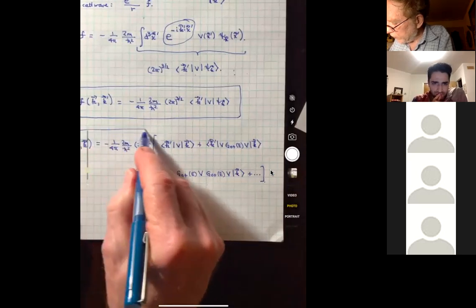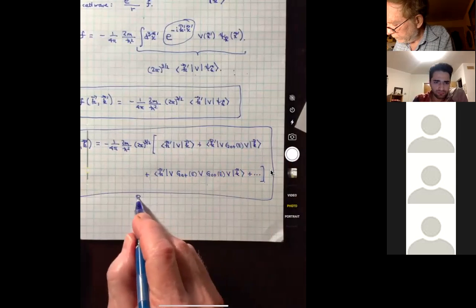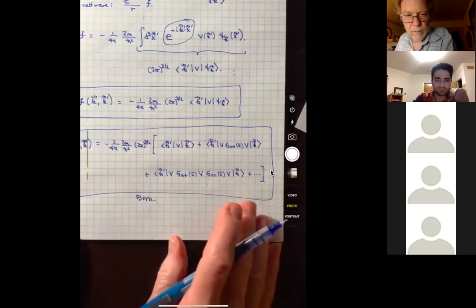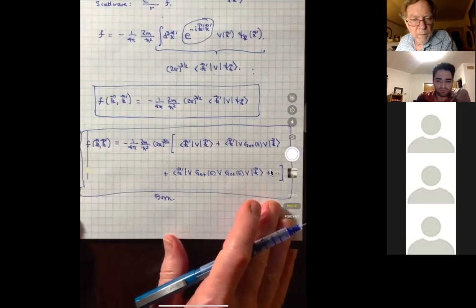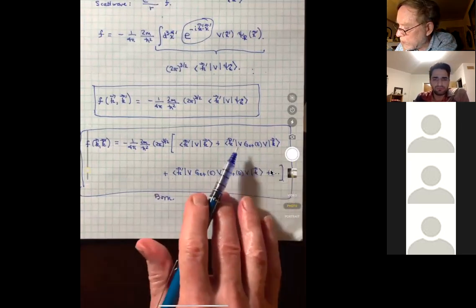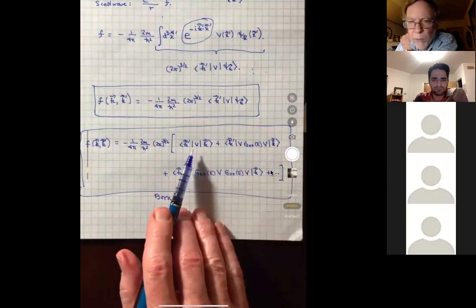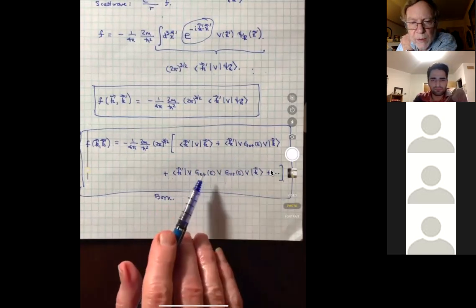And what we have here is the Born series for the scattering amplitude. These are explicit formulas for the scattering amplitude at all orders of perturbation theory, where the potential V is taken as the powers of the perturbation. Here's first order, second order, third order. The first would be called the first Born approximation, that's the second, that's the third, and so on.